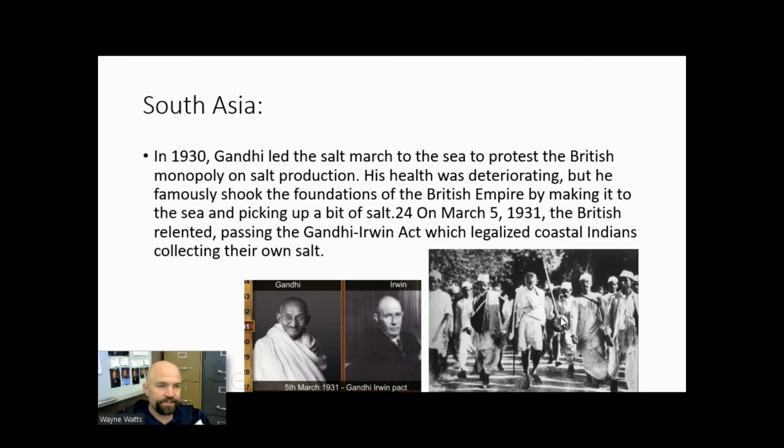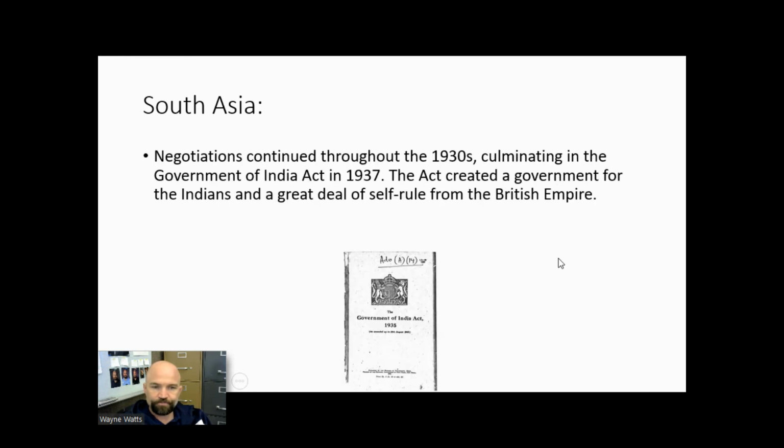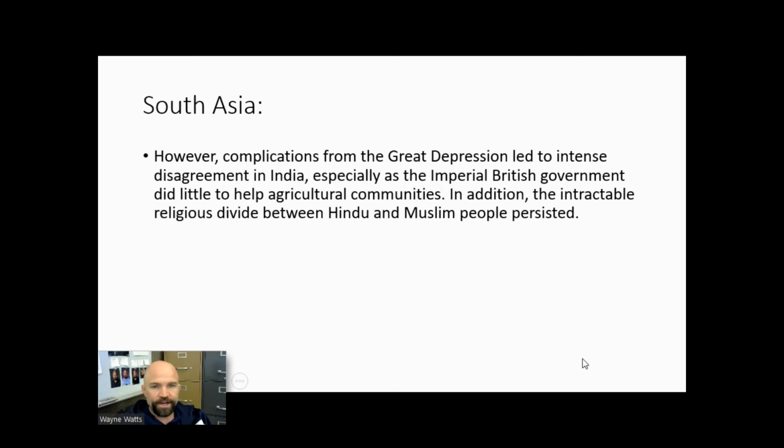On March 5th, 1931, the British relented, passing the Gandhi-Irwin Act, which legalized coastal Indians collecting their own salt. Negotiations continued through the 1930s, culminating in the Government of India Act in 1937. The act created a government for the Indians and a great deal of self-rule from the British Empire.